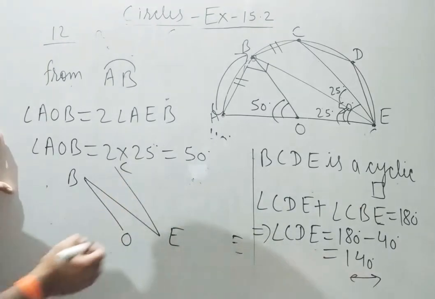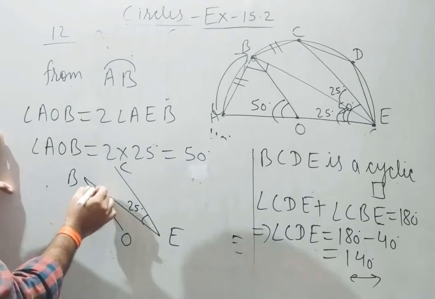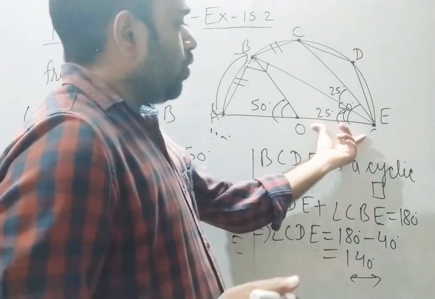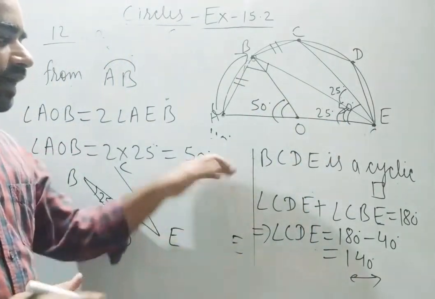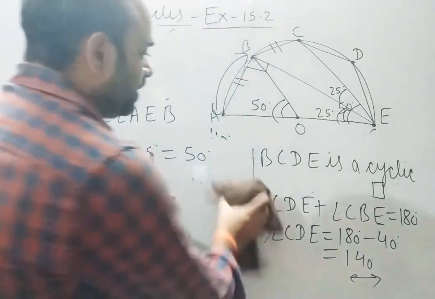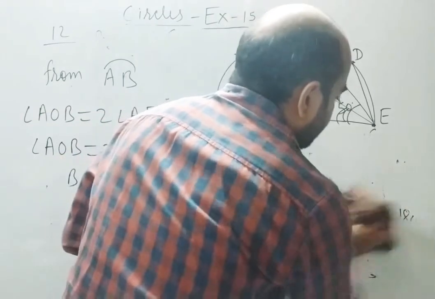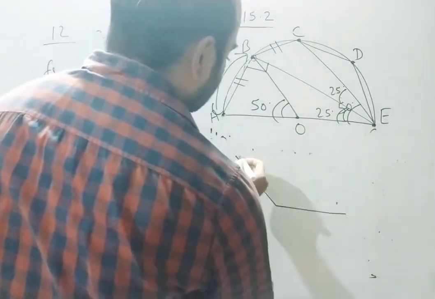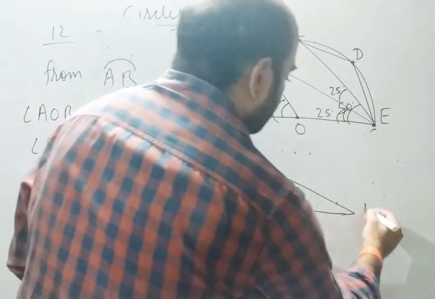See, this is 25. This will also be 25. How will you prove? Very easy. See, OE and OB are radii in triangle OBE.